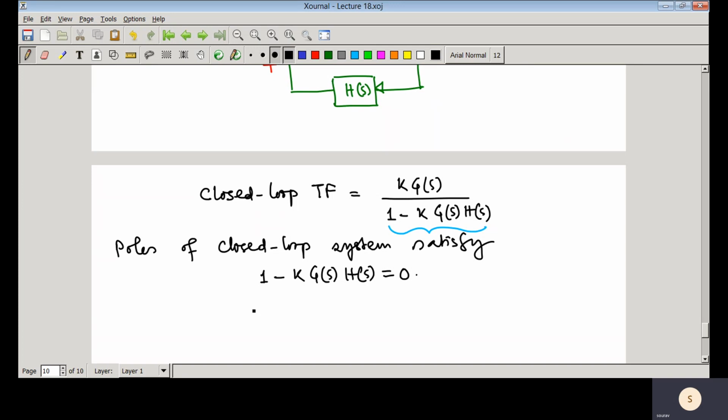From here we would get K G of S H of S equal to 1. Now this 1 is nothing but e to the power j 2k pi.